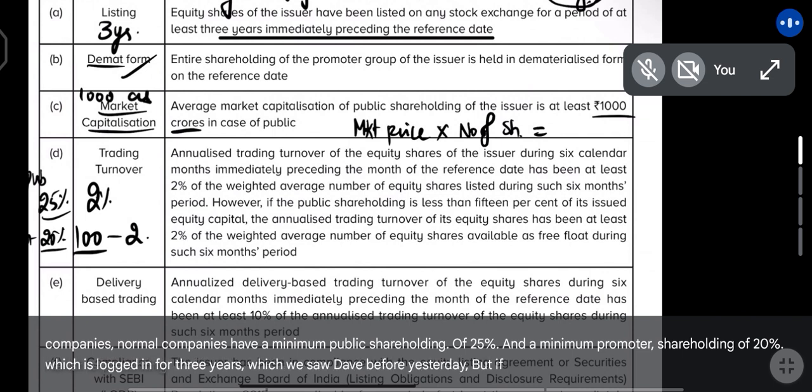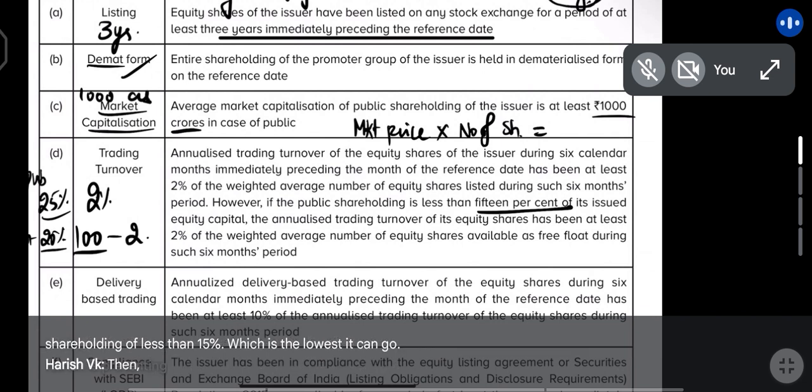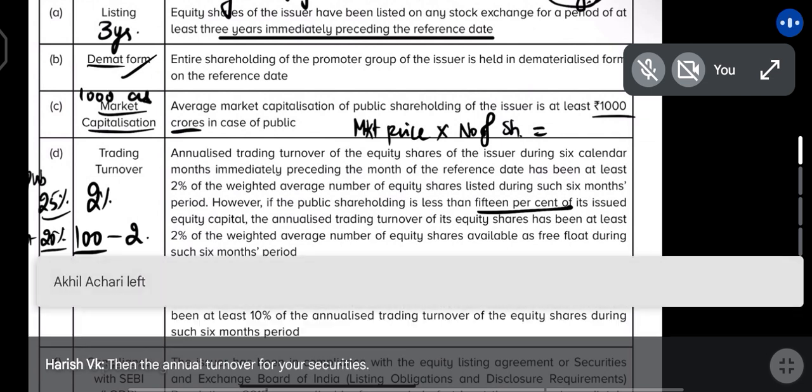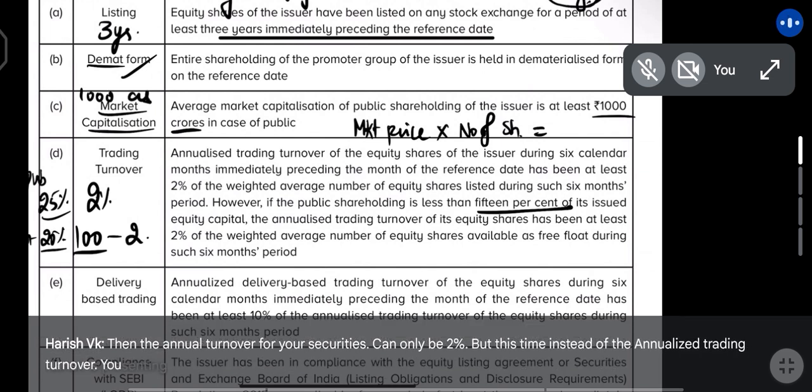But if your company for some reason has a public shareholding of less than 15%, which is the lowest it can go, then the annual turnover for your securities can only be 2%, but this time instead of the annualized trading turnover, you only take the 6-month trading period.